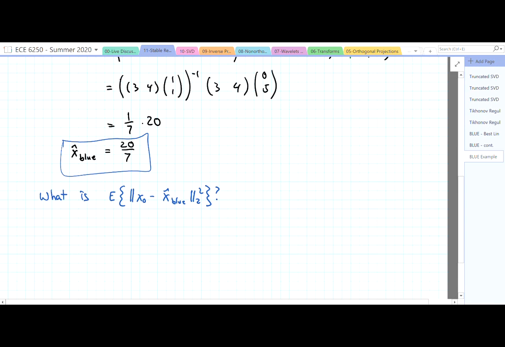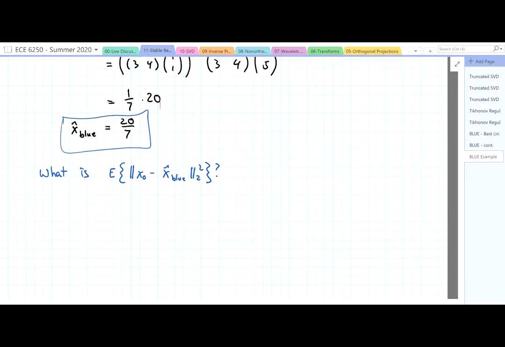It's the sum of the eigenvalues of (A transpose R inverse A) quantity inverse. But that's just one expression for it. And I think it is not the easiest one to use, although actually it may be. So this quantity up above, right there, is our (A transpose R inverse A) inverse. Almost. We had this factor of 1/5 we had to deal with. So let's just recalculate this just to make sure we do this correctly.